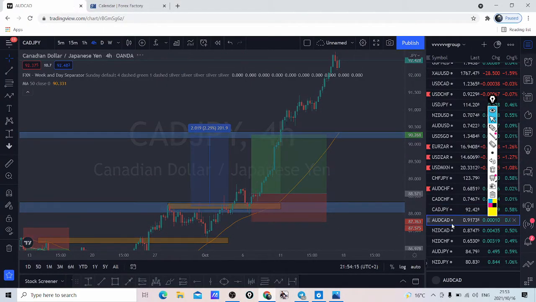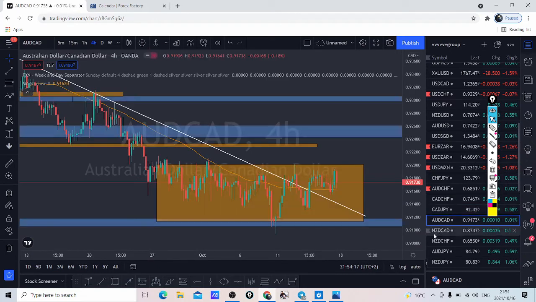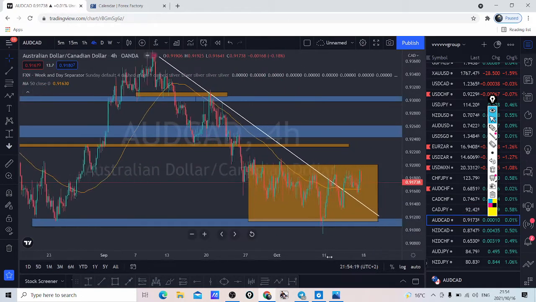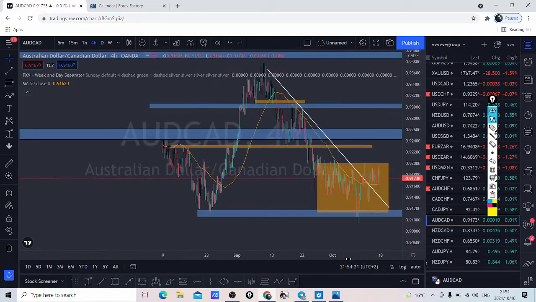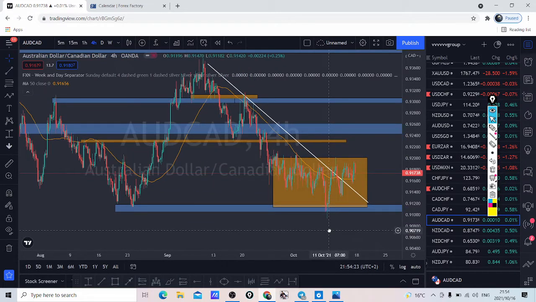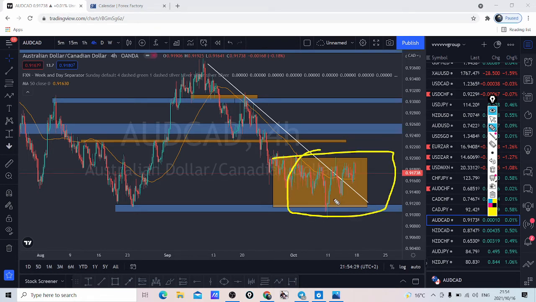Nothing interesting so far currently, but previously we've made money. This one, nothing interesting until we see a break of this consolidation box, especially if it breaks to the upside. Then that's going to be very nice.